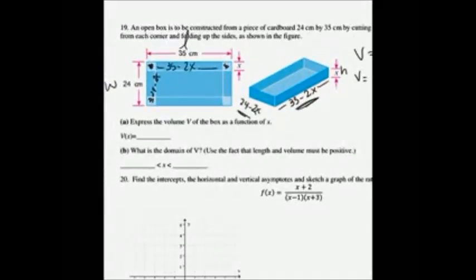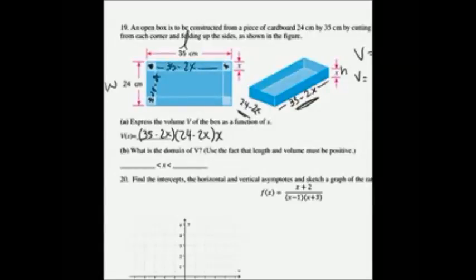And it's okay for this problem if you just want to leave it in factored form. 35 minus 2x times 24 minus 2x times x. So this would be a polynomial function. And I've often said in class that the domain of a polynomial function is all real numbers, but this polynomial function represents a particular item in the real world, a box of height x.